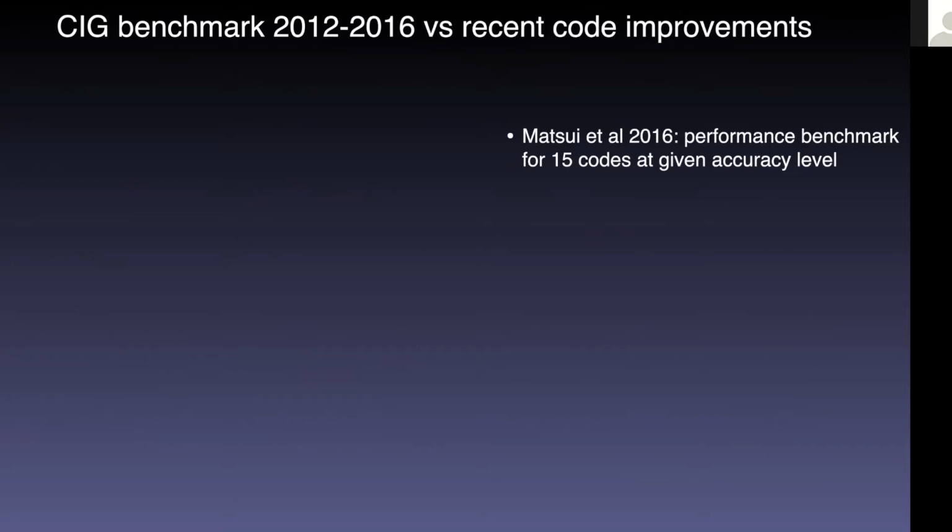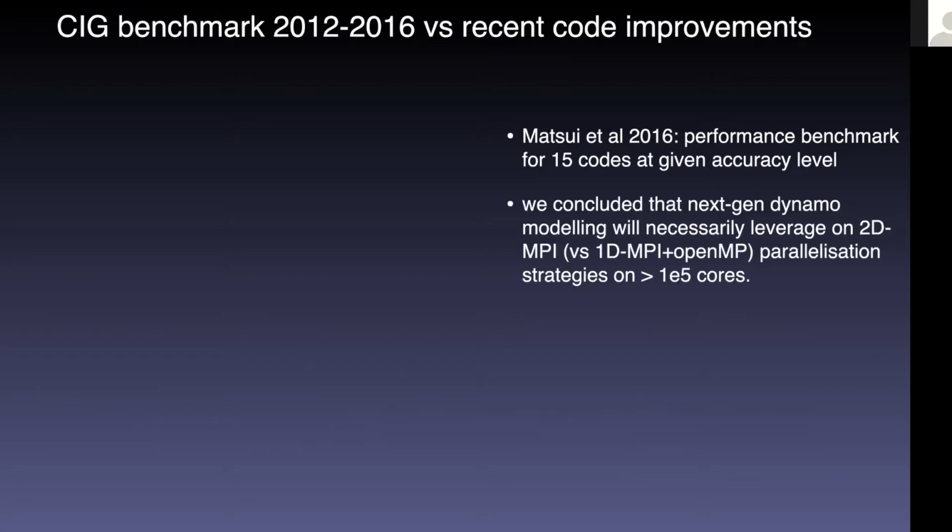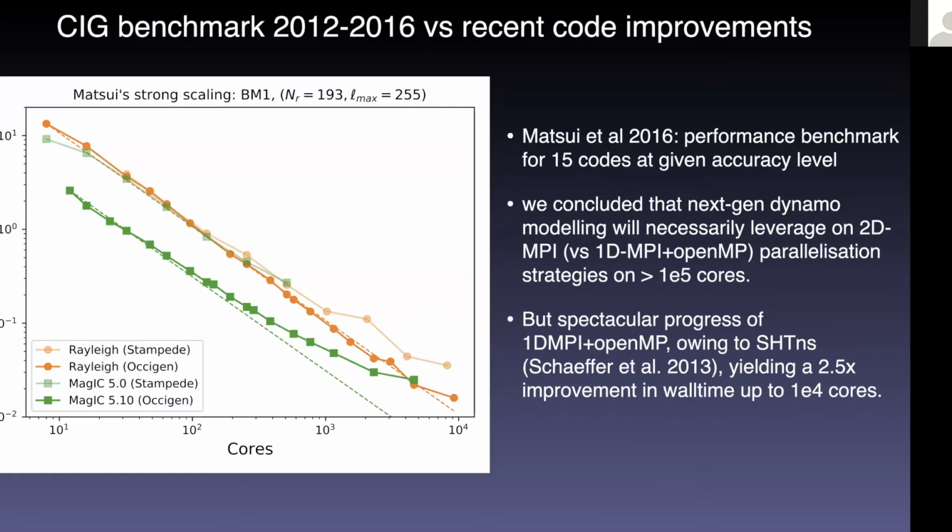This was a publication in 2016, a performance benchmark for 15 codes at a given accuracy level, where it was concluded that the next generation of dynamo modeling will necessarily leverage approaches of the two-dimensional MPI parallelization type versus 1D MPI plus OpenMP. On this graph, you can see the comparison of two codes, MAGIC and Relay.